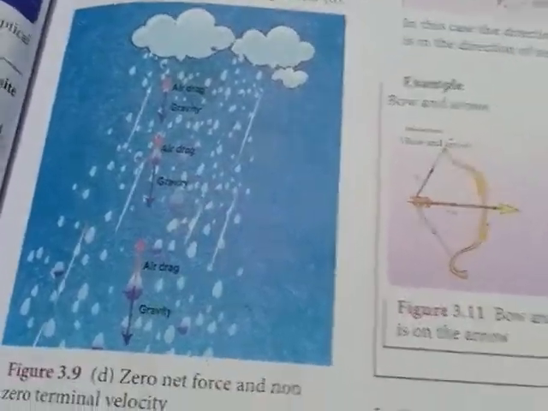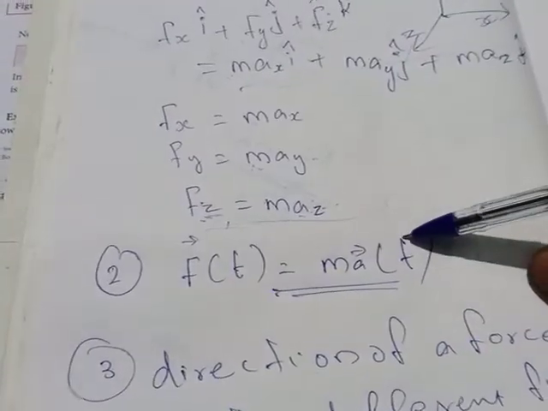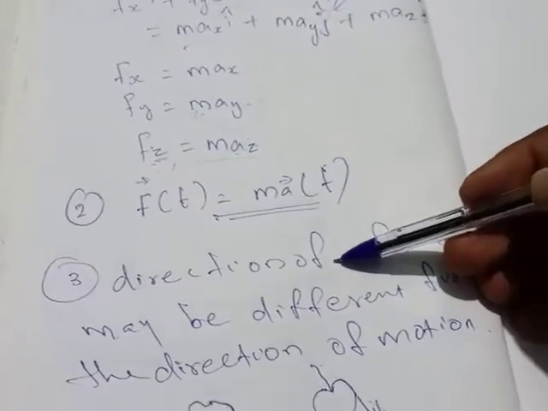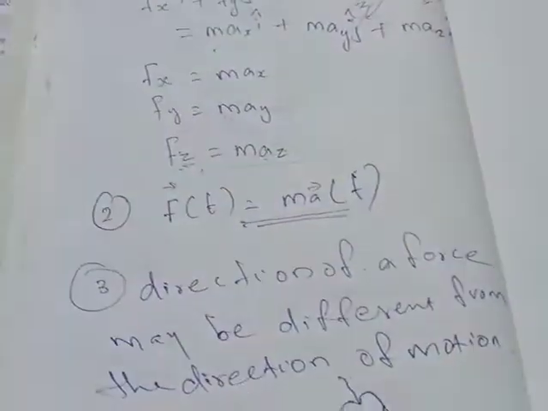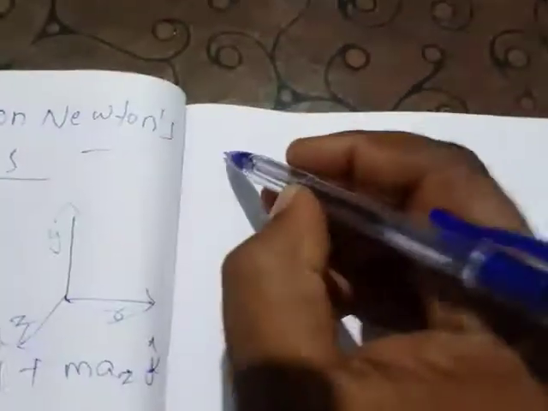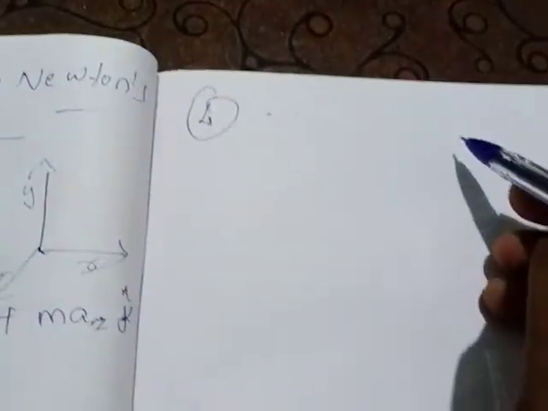Fourth case. So we have seen three points. The first point is this one. The second point is about acceleration. The third point is that the direction of force may be different from the direction of motion, and for that we have seen three cases. The fourth case is, assume there are multiple forces.